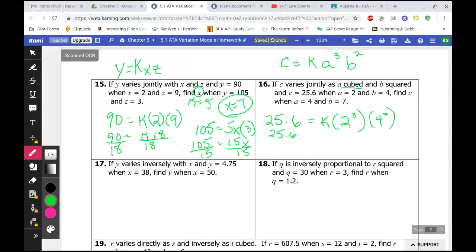So 25.6 equals k times 8 times 16. And 8 times 16 is 128. So you're going to divide both sides by 128. 0.2. So k equals 0.2.